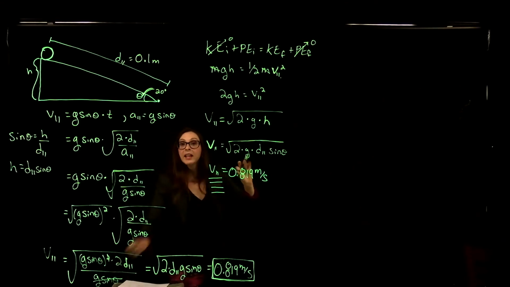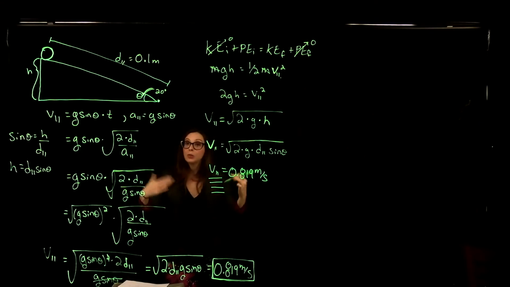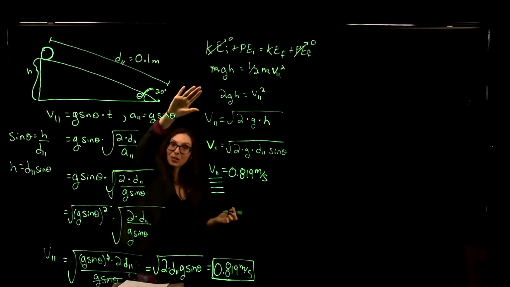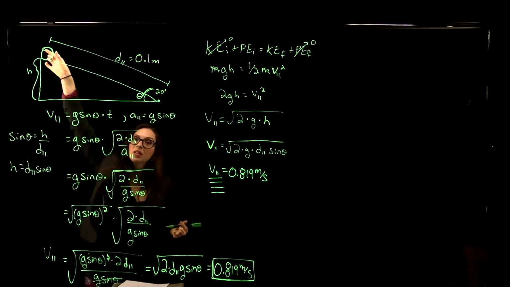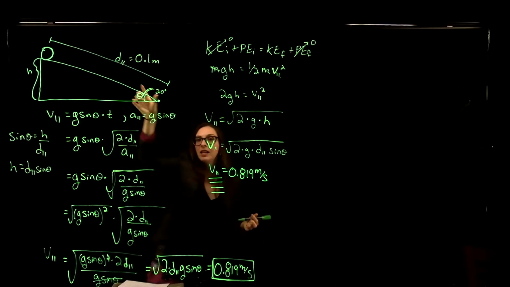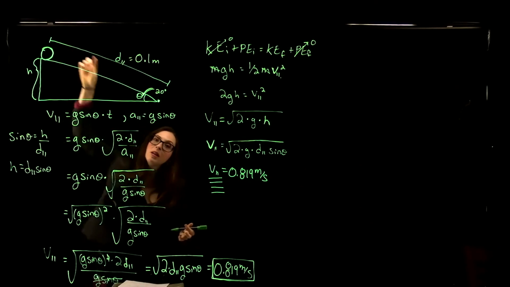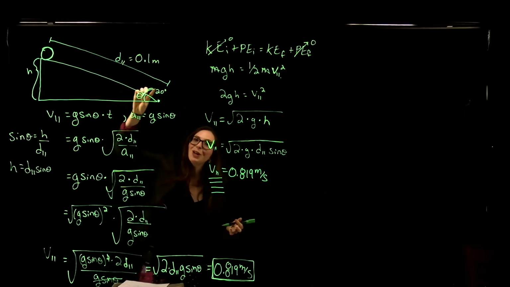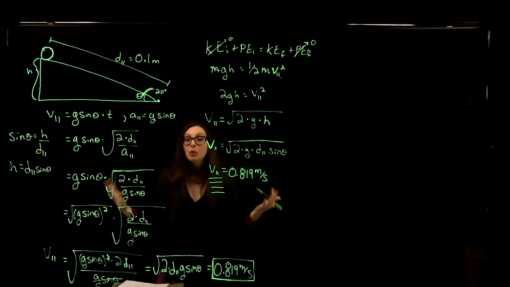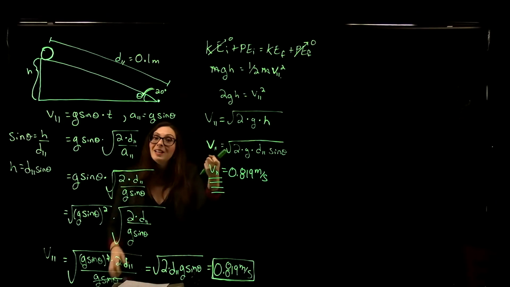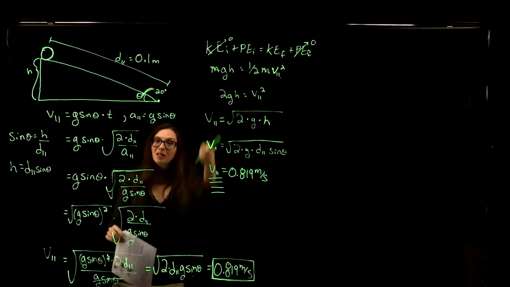But this is not taking into account the fact that our ball actually rolls. Using this approach right here and here, we're just thinking about that ball just sliding down, just translating down the plane. But we know that it's rolling as it does this in reality, okay? So there's a kinetic energy associated with rotational motion, which doesn't get taken into account in this approach right here.